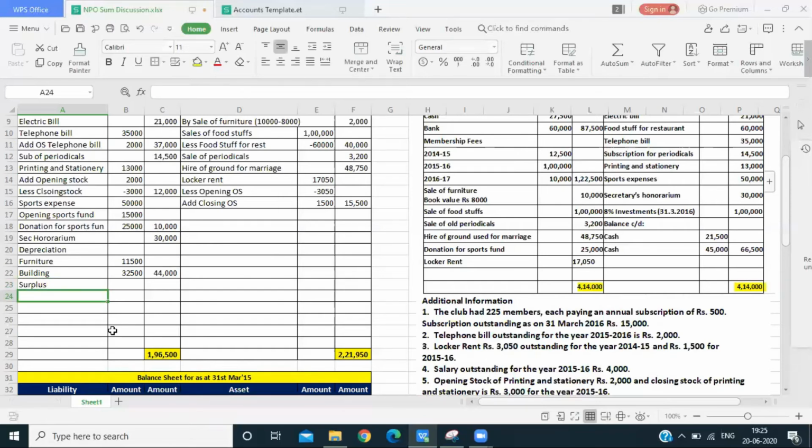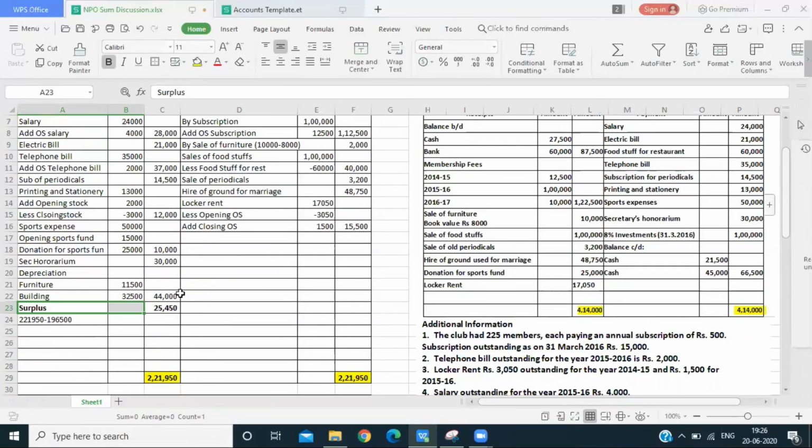The value of surplus will be 2,21,950 minus 1,96,500. We have a surplus of 25,450. This surplus will be added to the capital fund in the closing balance sheet.